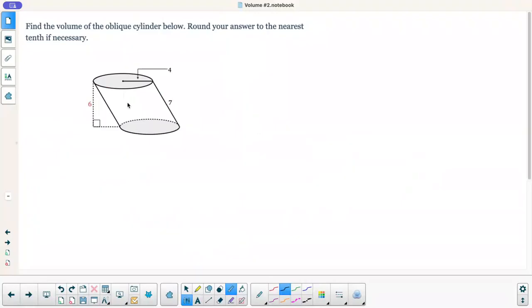All right, next one, same idea here, area of the base. So this is a cylinder, an oblique cylinder. Volume equals area of the base times the height. Your base is pi r squared. So pi times 4 squared, your area of your base is 16 pi.